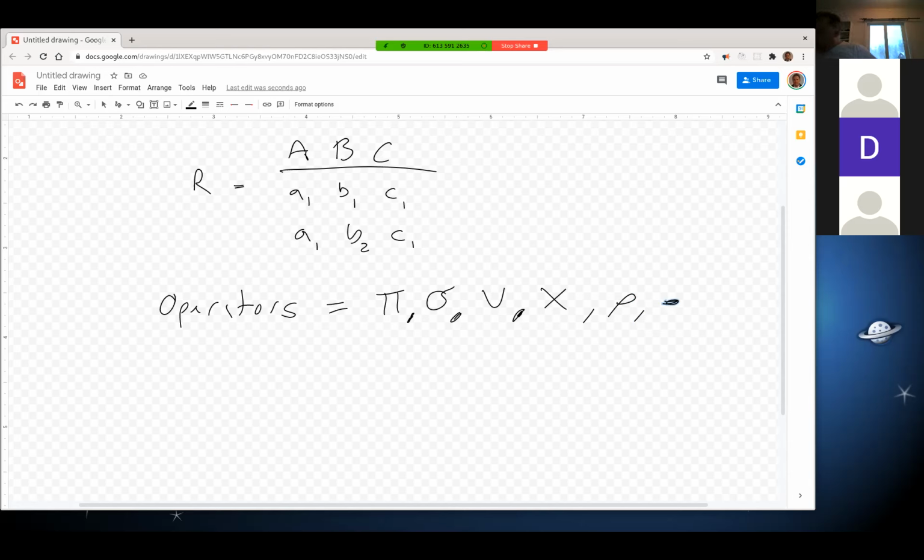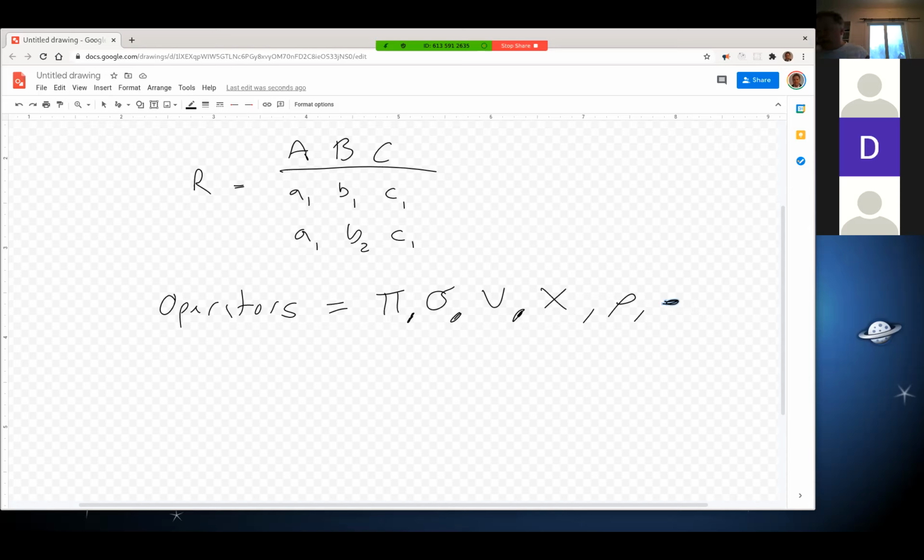All right, so just a couple more points here. The projection operator, the pi symbol, is a unary operator. So it only takes one relation in, and what does it give out?